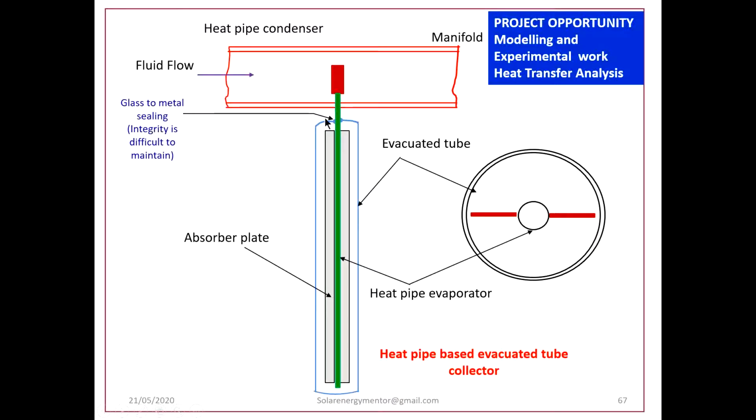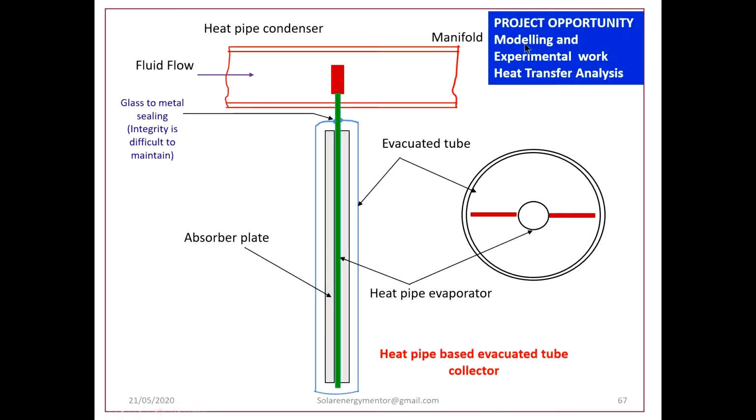So this is a challenging research project. So those who really want to pursue their PG project or UG project or even PhD, there is a great opportunity, a technological challenge: how to provide the glass to metal sealing to this evacuated tube heat pipe collector.